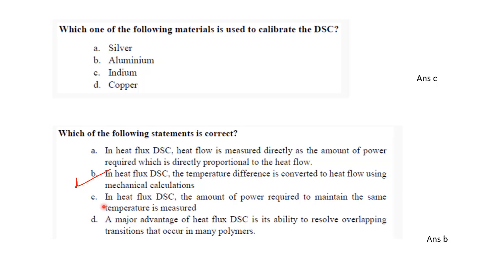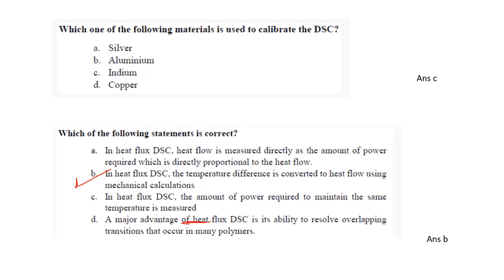The third one says that in heat flux DSC, the amount of power required to maintain the same temperature is measured. That is again wrong. This one is for the power compensated DSC, and that one is for the other type. The last one says the major advantage of heat flux DSC is its ability to resolve overlapping transitions that occur in many polymers. But this is for the case of modulated DSC, not for the heat flux DSC. So this is again the wrong answer.